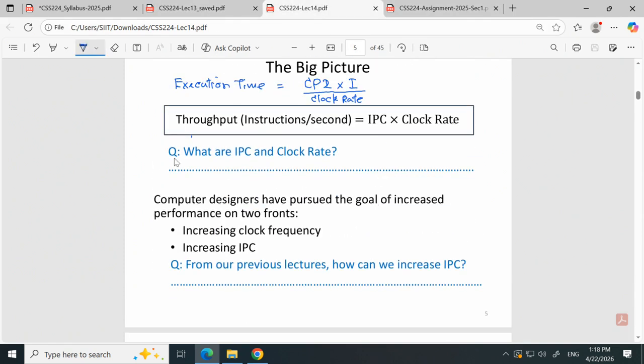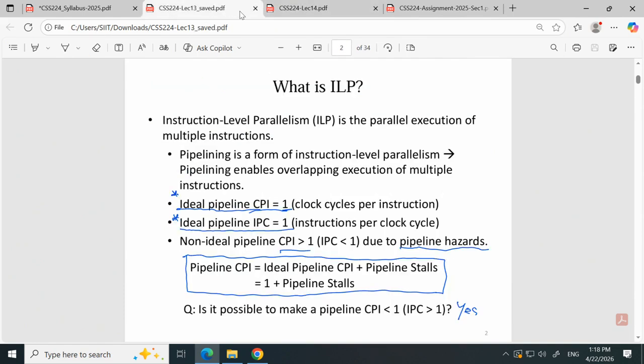Okay, so what is IPC? It's a very simple question, and you will see this question for sure in your future.